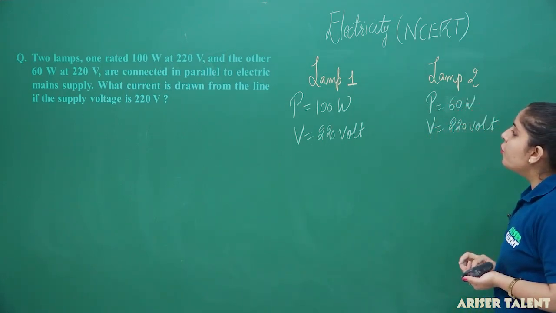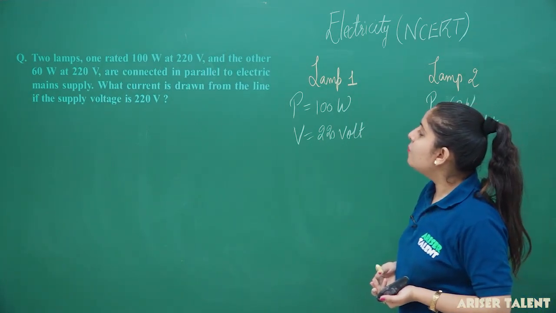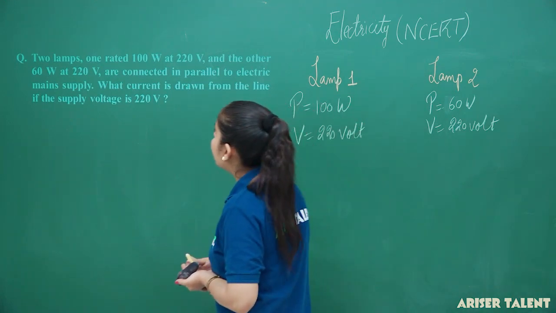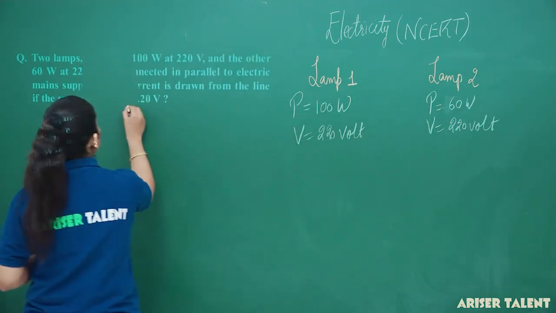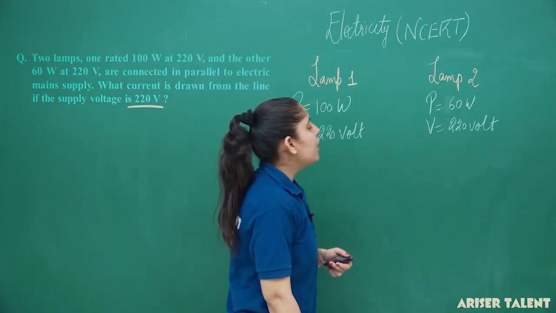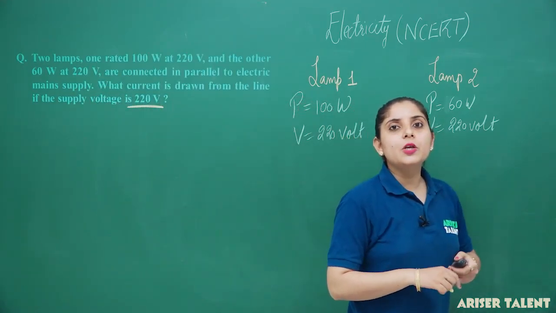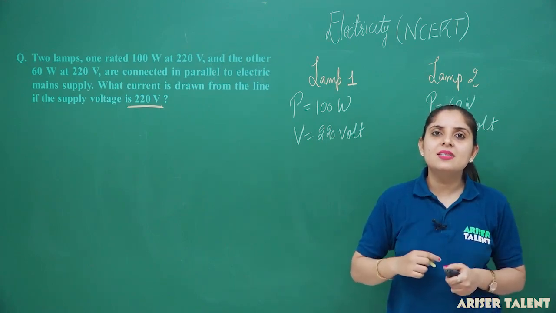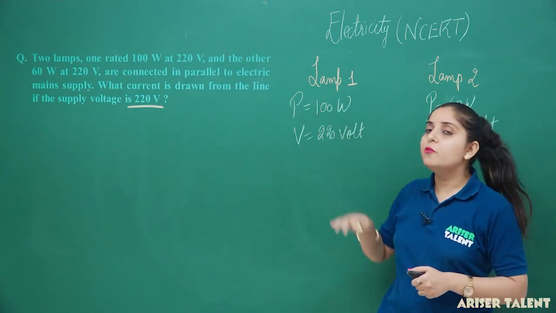Now what you want to know, you want to determine what current is drawn from the line if the supply voltage is 220 volt. You have to determine the value of current from here. So firstly you have to determine the resistances in both the cases because power and voltage are given.